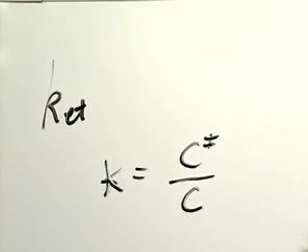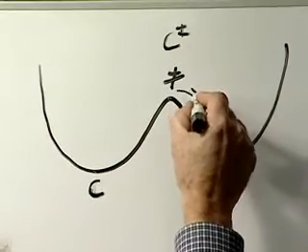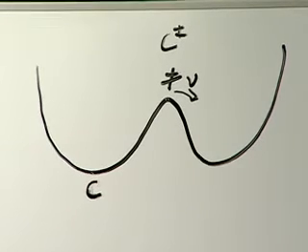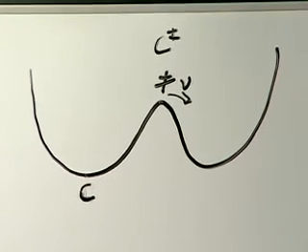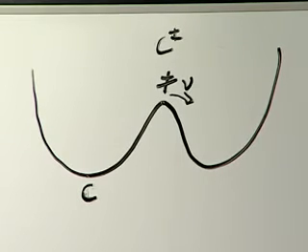And then once I'm up here, the question of whether I go over is going to be defined by some frequency at the top of the barrier. At the top of the barrier, I have the transition state sitting there, and it can either vibrate and go back to reactants, or it can vibrate and go down to products. That's some sort of nuclear frequency that's destroying the transition state, how fast it's destroying.